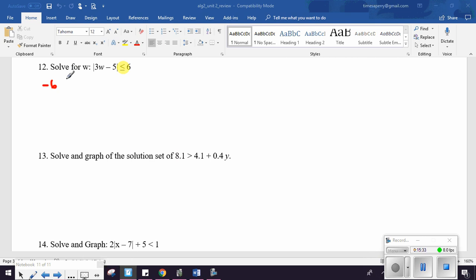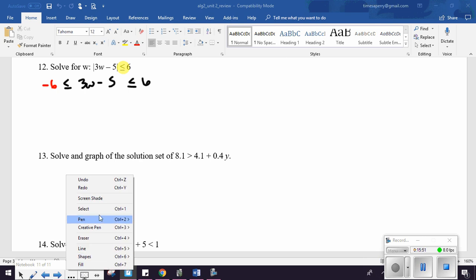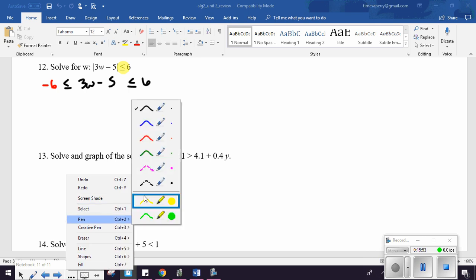Use the same inequality, less than or equal to, contents of the box, 3w minus 5, same inequality, and then the original outcome, 6. So you turn it into a compound inequality that has 3 sections when it's a less than.